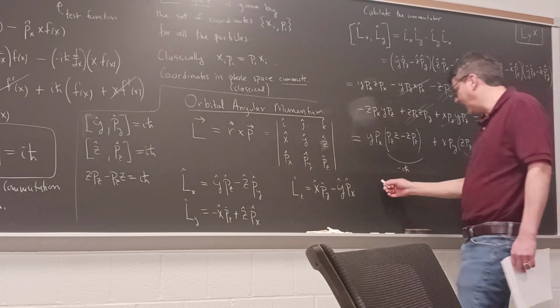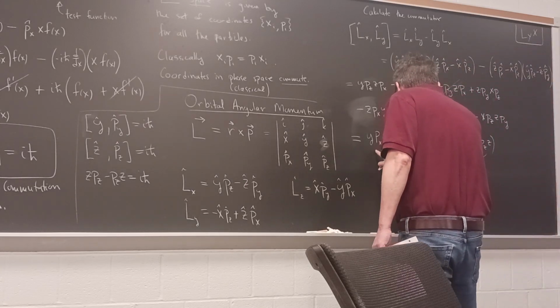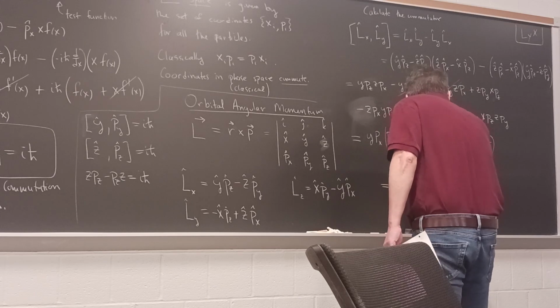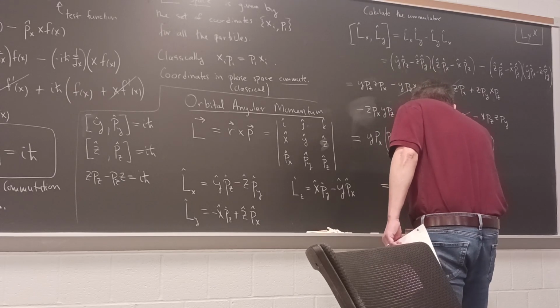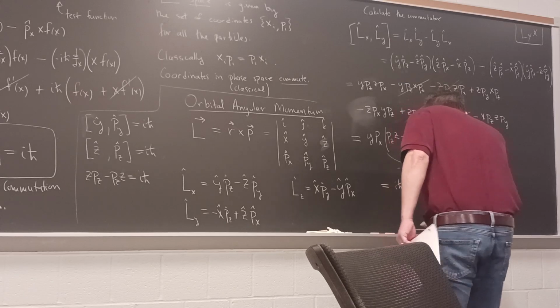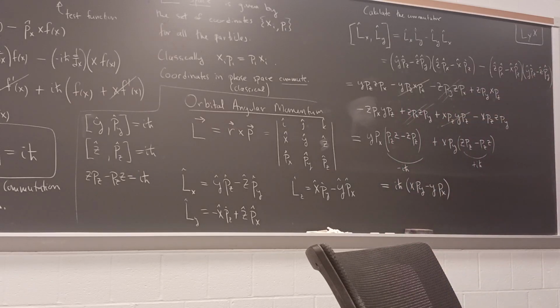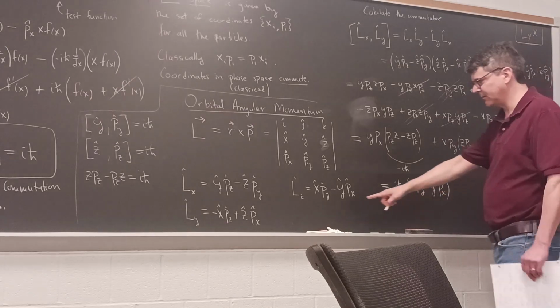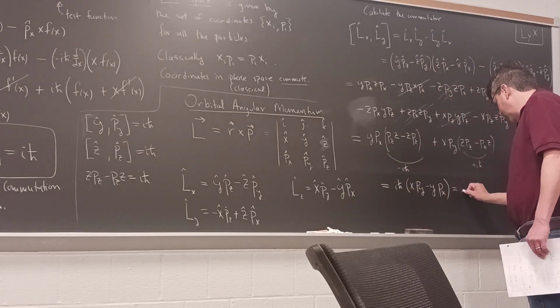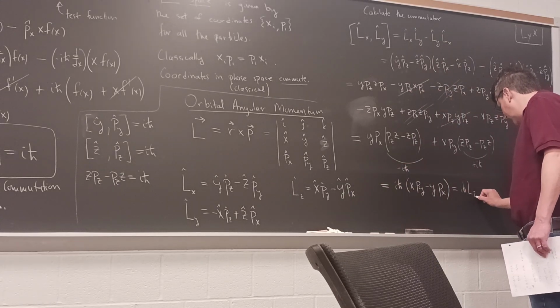So what do we have? We have i h bar, and then we have x py minus y px. Okay, but what's this? X py minus y px, that's just Lz. So this is i h bar Lz.